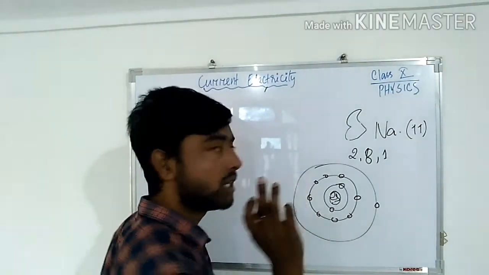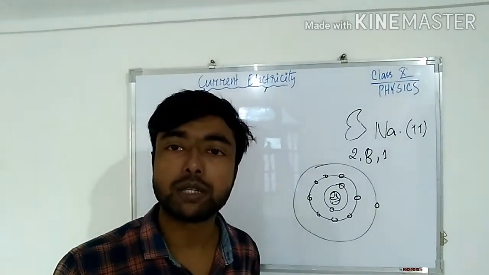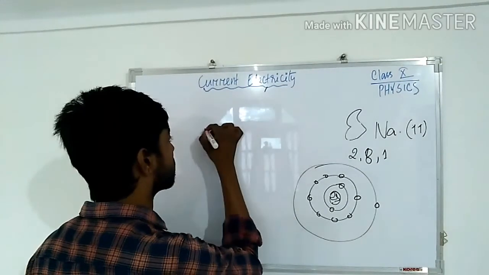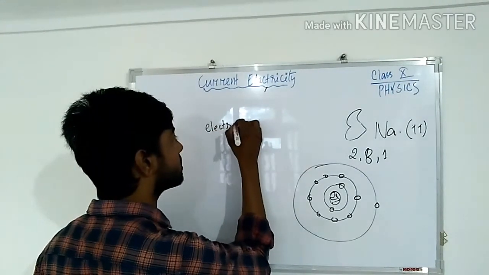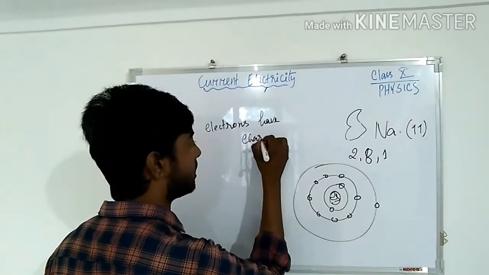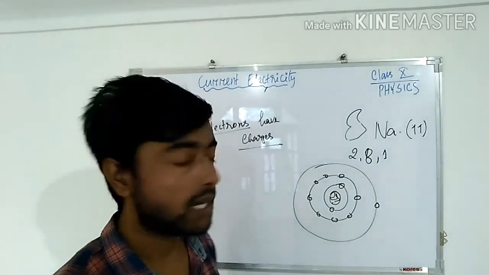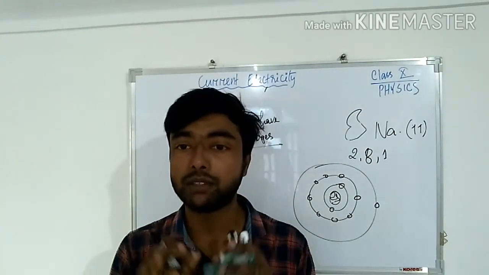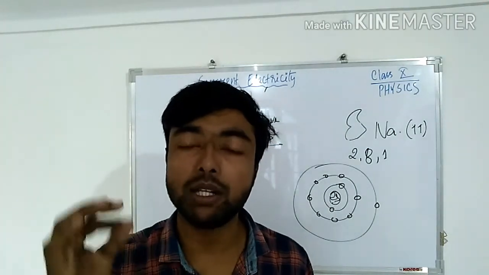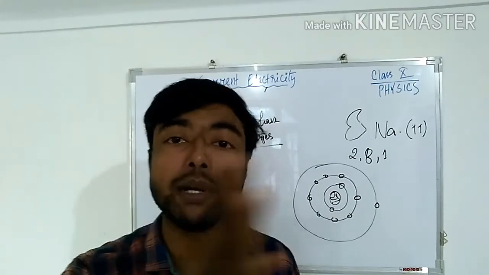Before that you need to understand, I just told you that charge is an intrinsic property of a material. Electrons also have charge, because the definition of charge is that it is an intrinsic property of elementary particles.